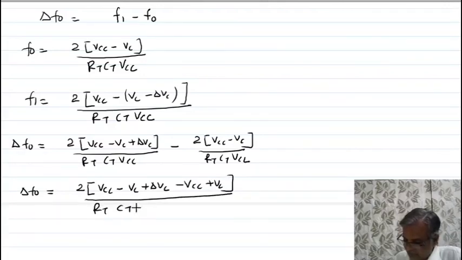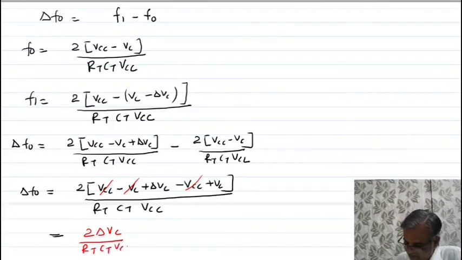It's a very simple mathematical step. Here this cancels, this VC is cancelled, so only this is the equation. So I can write 2 delta VC upon RT, CT and VCC.